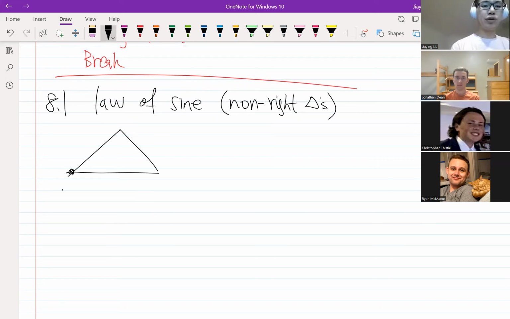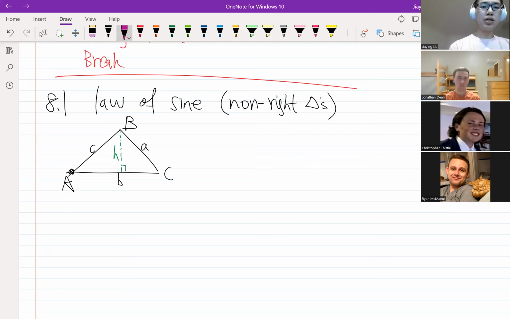So suppose we have triangle ABC, and the corresponding side opposite from each angle. I'm going to use lowercase a, lowercase b, and lowercase c. And what I'm going to do is draw a height from angle B. So this is the height.